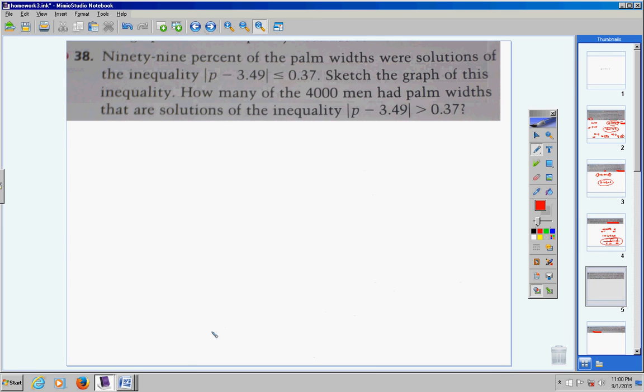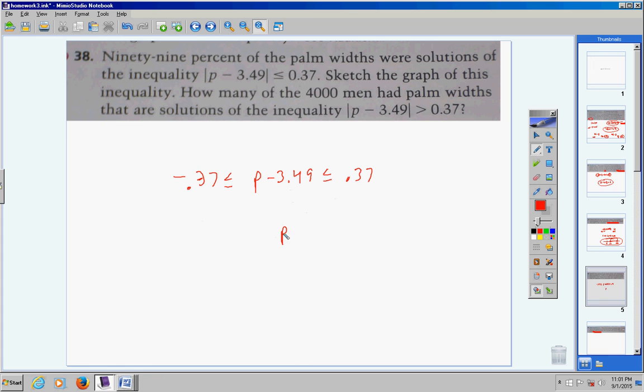Number 38. 99% were solutions of this graph here. Sketch the graph. So let's sketch the graph real quick. P minus 3.49 is less than or equal to 0.37. And over here we put negative 0.37, less than or equal to. Now we've got to bring 3.49 here and make it positive. Bring it here and make it positive, okay?